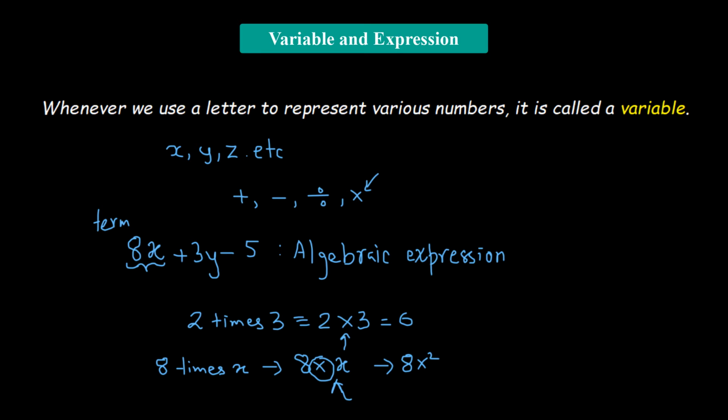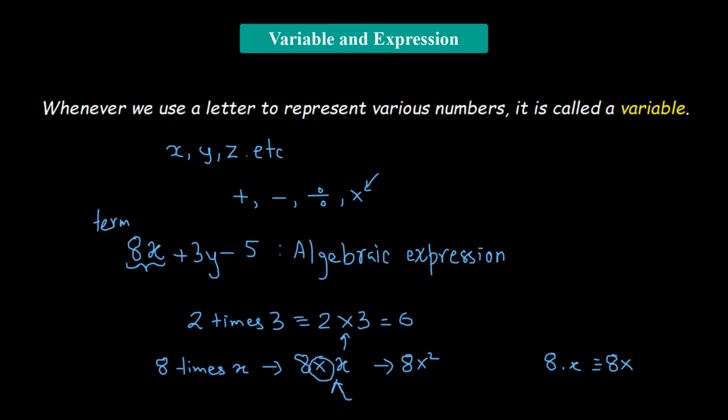So we're going to completely drop using this notation in this particular algebra course. Instead of using the cross, we are going to simply use a dot. So 8 dot x represents 8 times x. Or we can altogether drop the dot sign and simply write 8x.